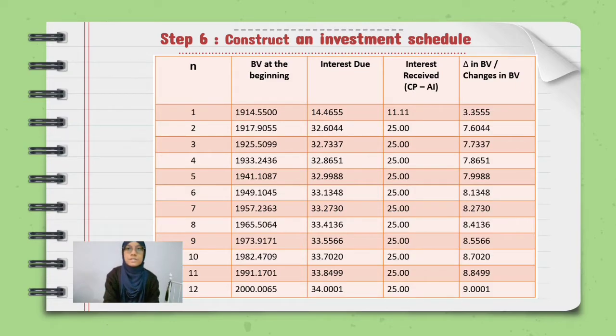And then for the changes in BV, you just have to subtract the interest due with the interest received, and you will get the answer. So basically, that's all about how to construct an investment schedule.